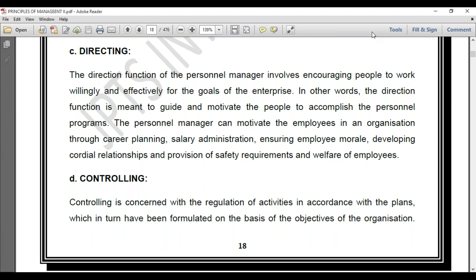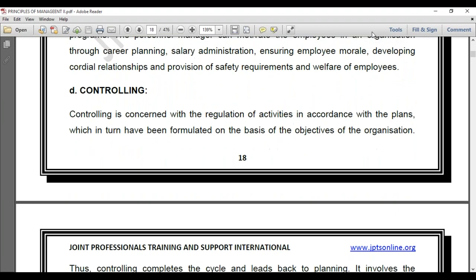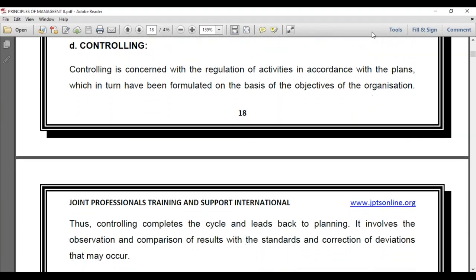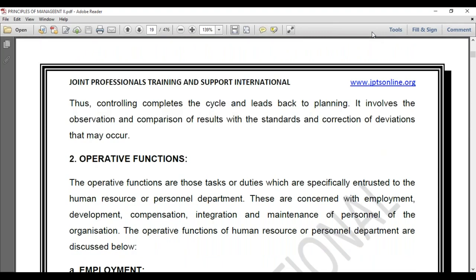You need to monitor them. You need to make sure that things are working well according to the way you planned it from day one. Without controlling them, it will be very difficult for you as a human resource personnel to actualize the goal of the organization. Having said that, we move to the second function, which is the operative functions.